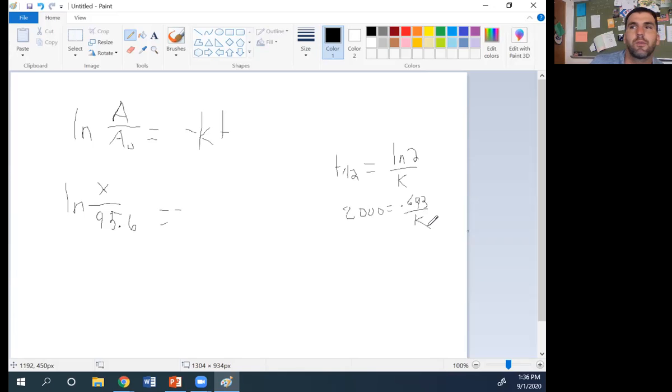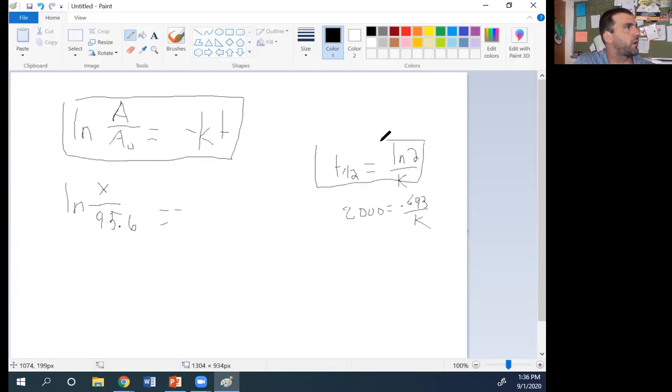Let's pay attention so we don't get behind. My two equations are: ln of A over AO equals negative KT, and T1/2 equals ln2 over K. I'm going to use them very often, together. In question number 5, it wanted to know how much remains.